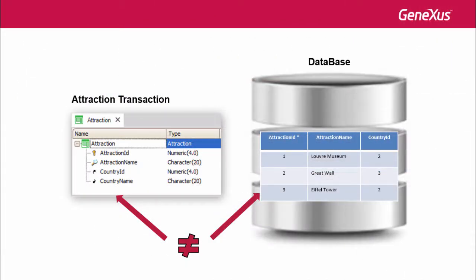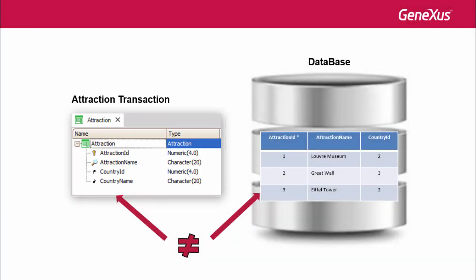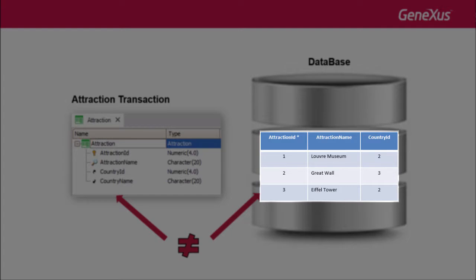This happens because the transaction concept is not the same as the physical table concept. Remember that transaction is the GeneXus object we created in the knowledge base to represent an object or actor of reality. And in examining it, GeneXus creates a physical table in the database to store the data that will be entered when executing the transaction.